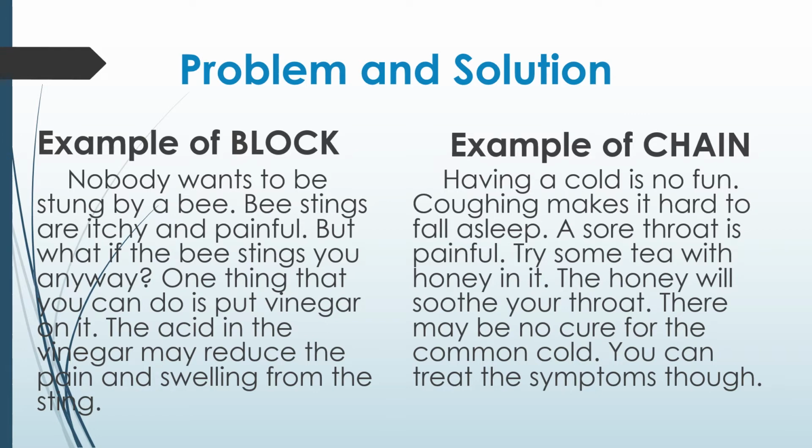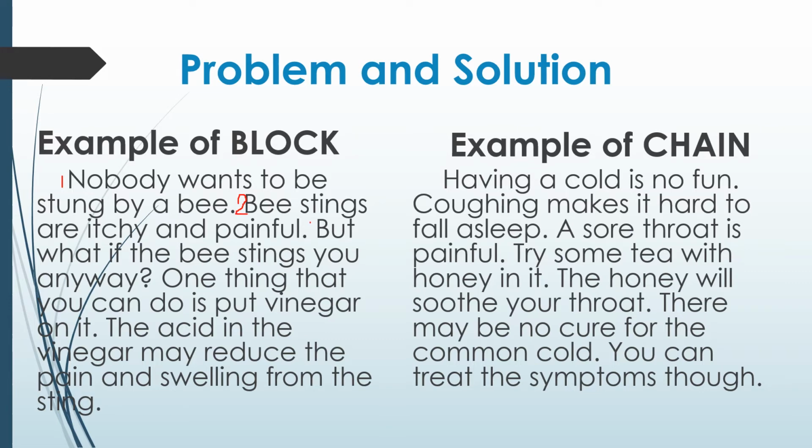Remember, in block, you need to present first the problem and then write a transition sentence before you write the solution. So in this case, the first sentence is the introduction. The second sentence here is the problem.